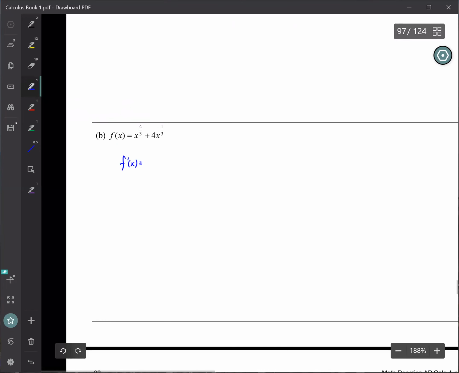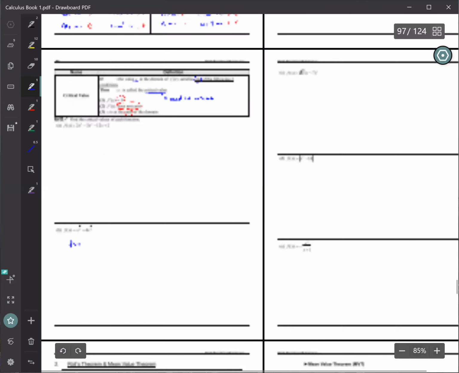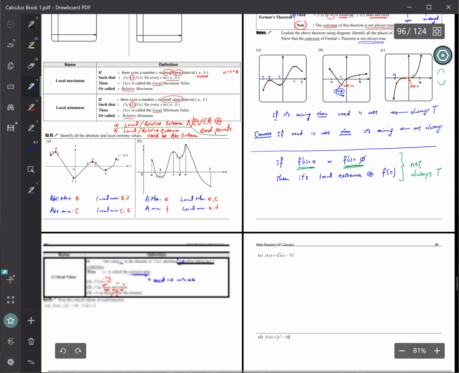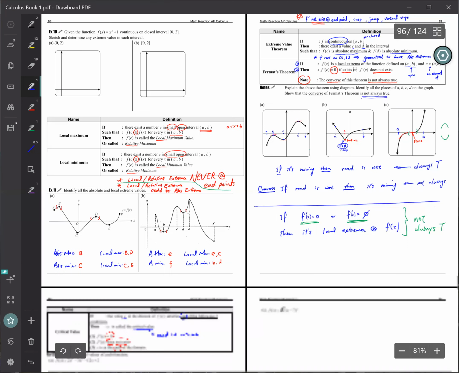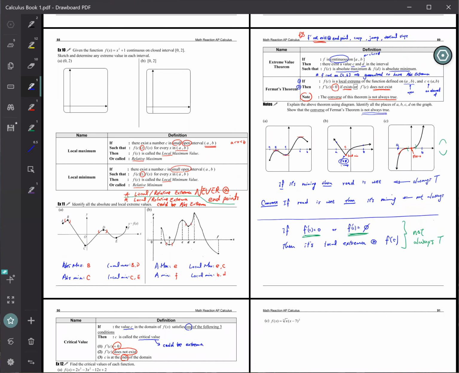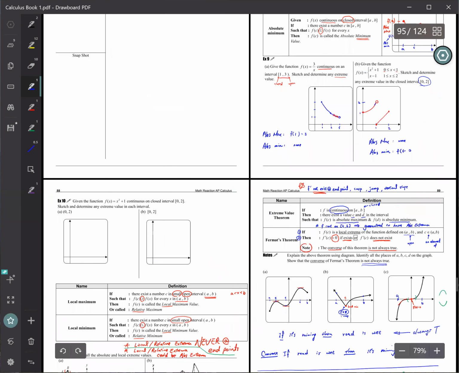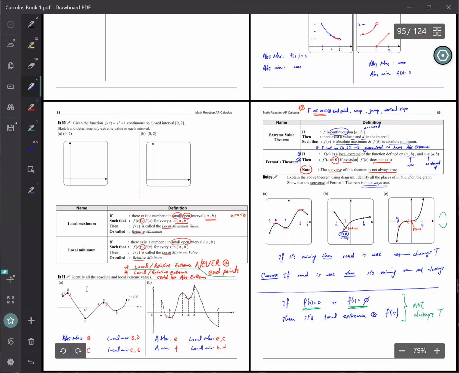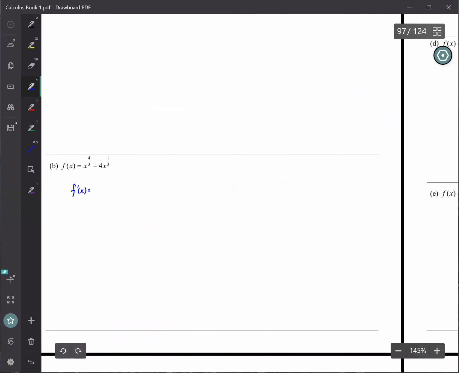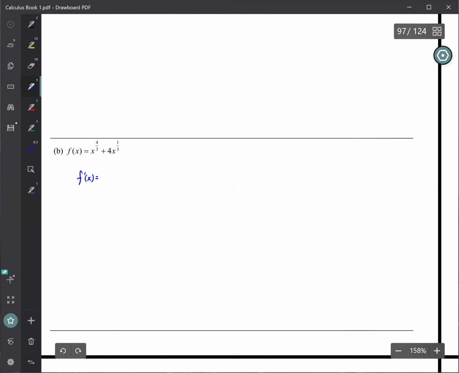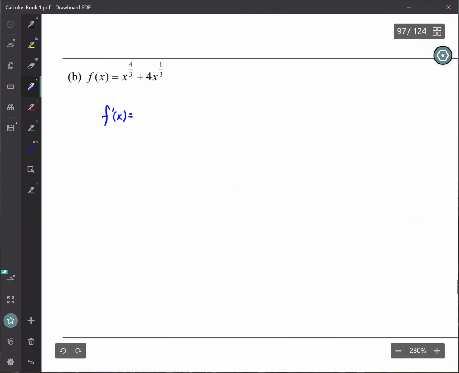Anyone has questions? I've been talking too much today because it's all about theorems. Any part of the theorem that you're not clear, let me know. Have you finished the derivative? It shouldn't take that long.